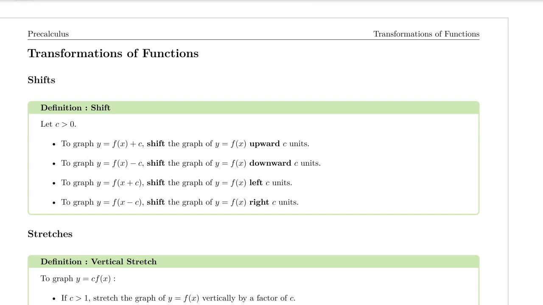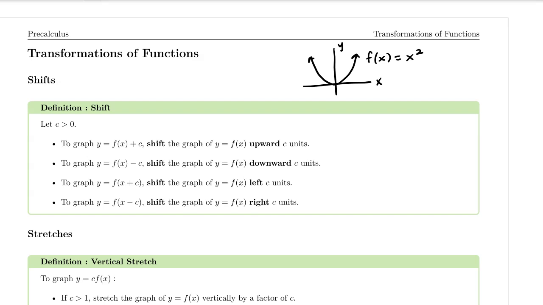Let's define a shift. If c is some positive number, to graph y equals f of x plus c, you take the graph of y equals f of x and you shift it upwards c units. So for example, really quickly, let's call it f, so f of x equals x squared.